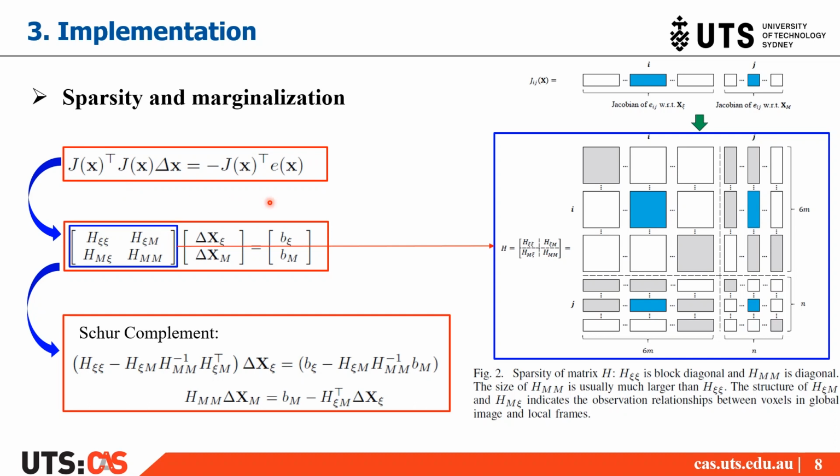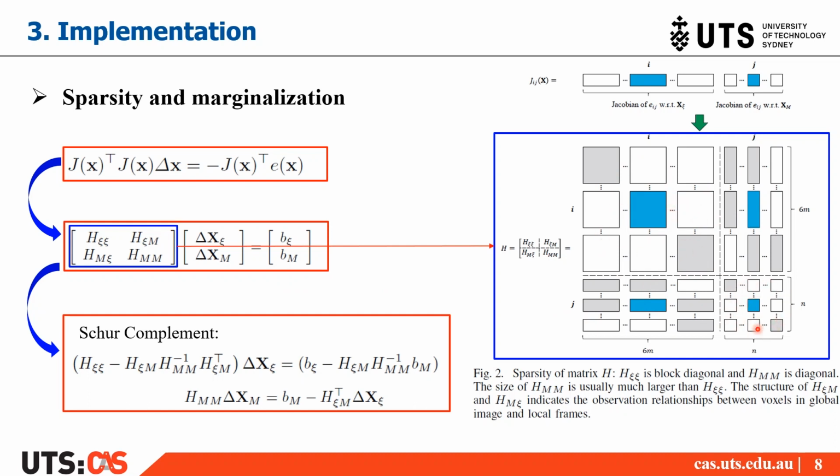As mentioned before, since every row of the Jacobian matrix only has two non-zero blocks, this will result in a sparsity of the GN equation. If we write the step change of pose and intensity parameters separately, we can rewrite the GN equation like this. Then, an intuitive illustration of the structure of the coefficient matrix H is like this figure on the right. Here, Hxx is block diagonal and Hmm is diagonal.